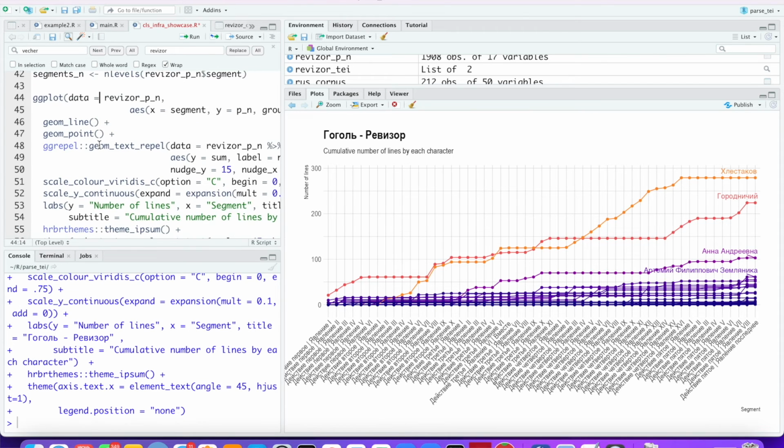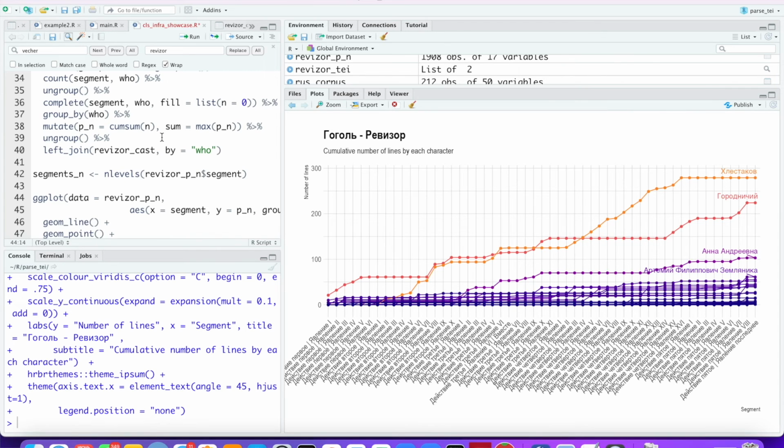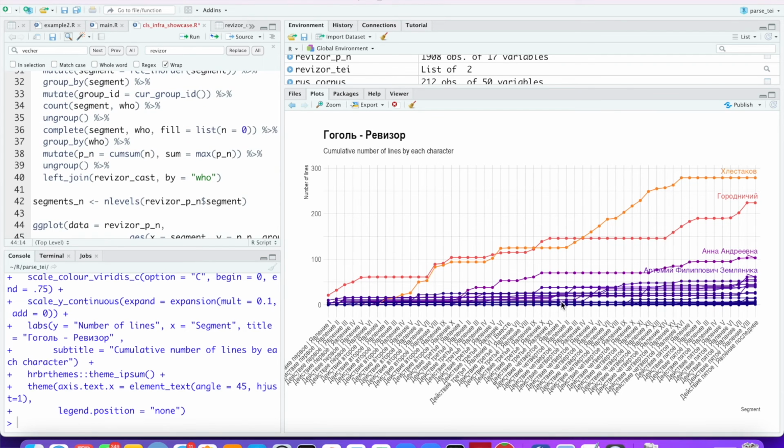So if you know how to use ggplot2, if you have some experience in working with dplyr or data.table or even base R, you can do something like that, or many different things, whatever you are interested in. So everything else is limited only by your imagination.